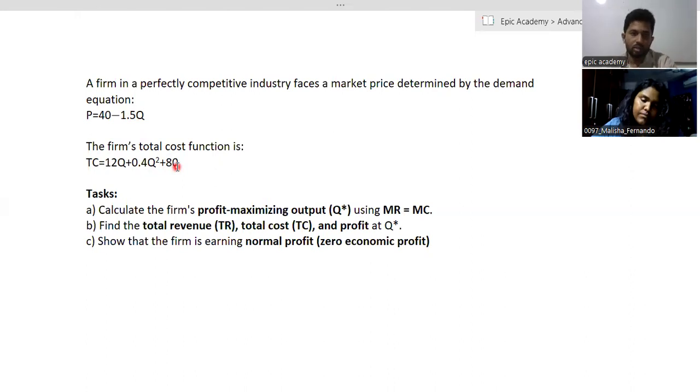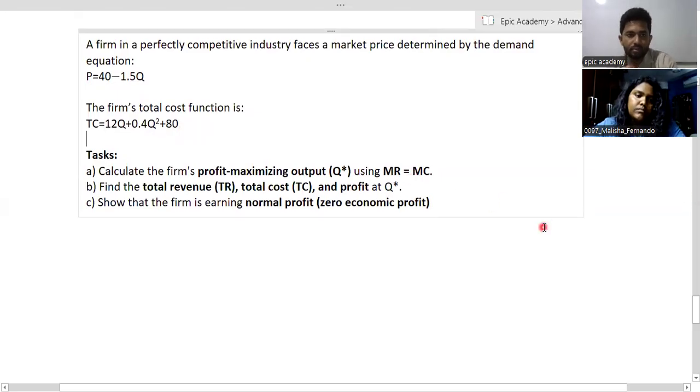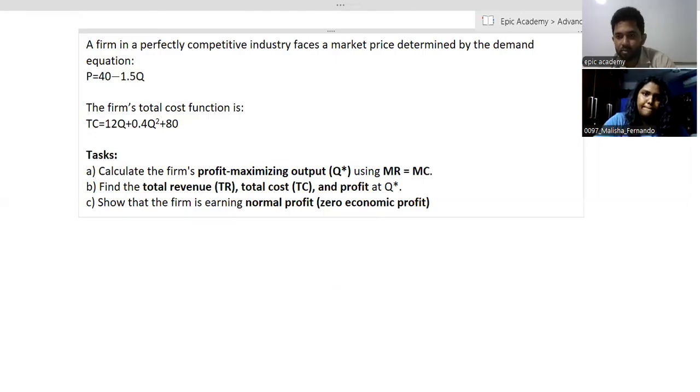So can you calculate the profit maximizing output and the total revenue, total cost, and profit level? Okay, I will give you 5 minutes. Okay, let's try. You can do it.